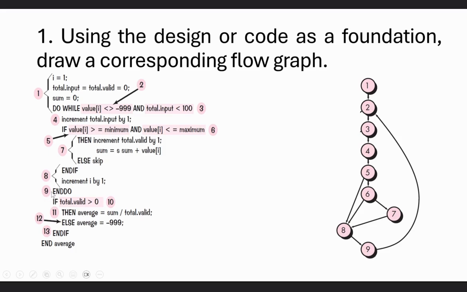Here after 9, the do while loop ends. So after 9, it will again execute the second statement. It will keep going until the condition is satisfied, the loop will execute here. So after statement 9, it will move on to 2. And here, if the condition is true, it will execute the sequential statements, but if the do while condition is false, it will move on to the 10th statement.